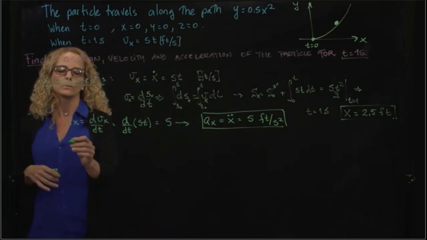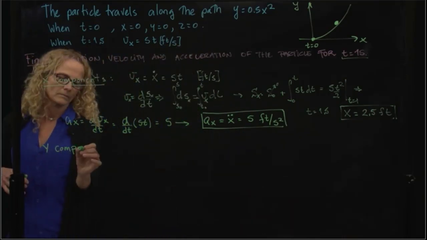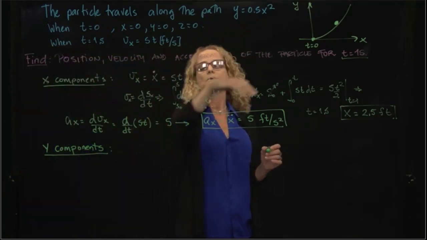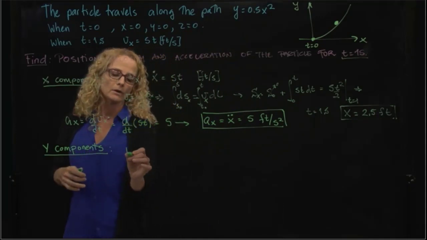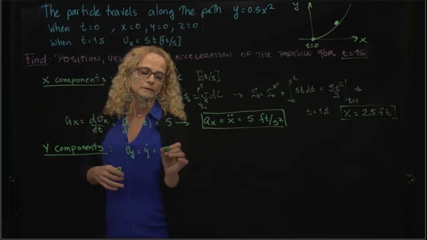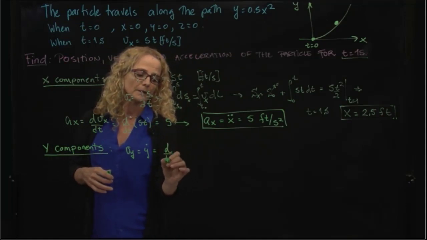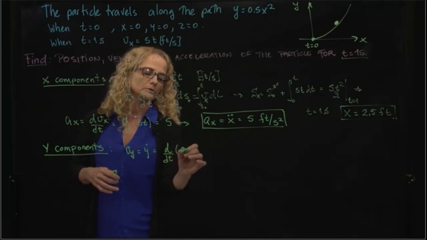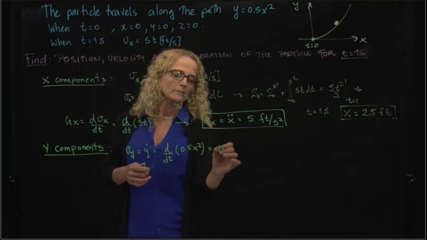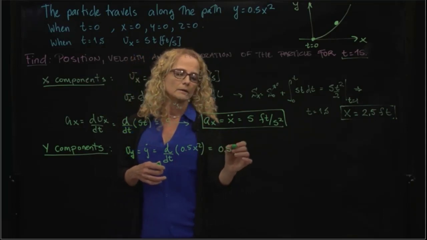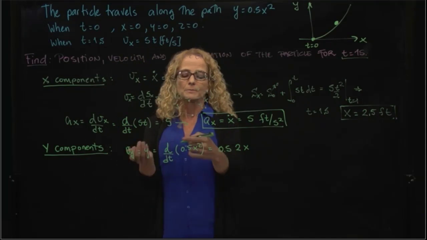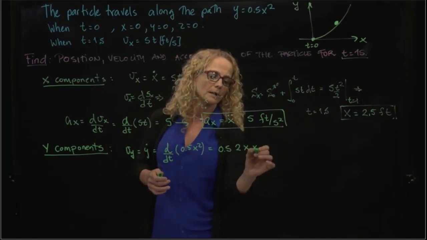Let's find our y components. We have the expression of y with respect to x. So our velocity in y, which is y dot, will be the derivative with respect to time of the expression 0.5 x squared. So we have 0.5 as a constant, then 2x, and then we have to differentiate x with respect to time, which is x dot.